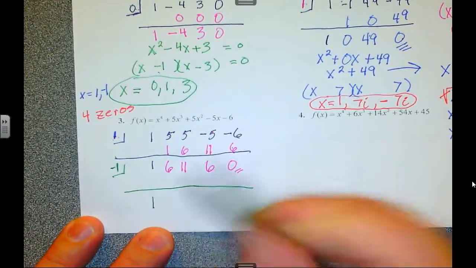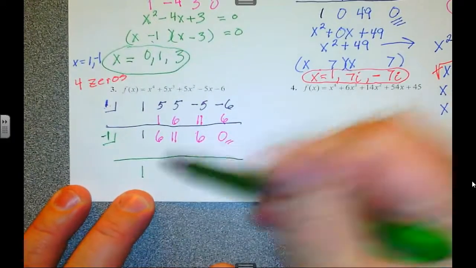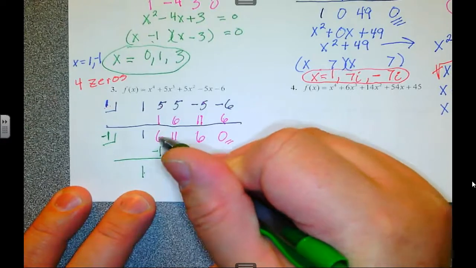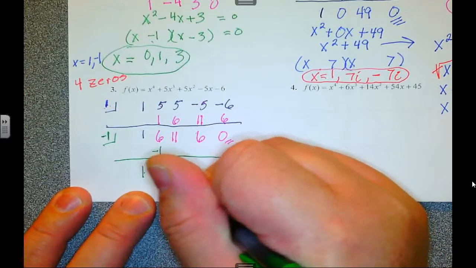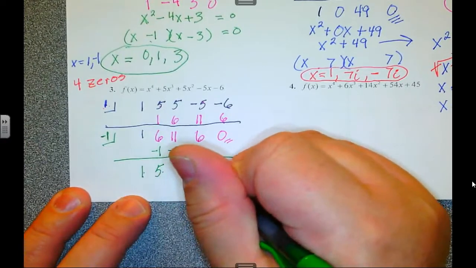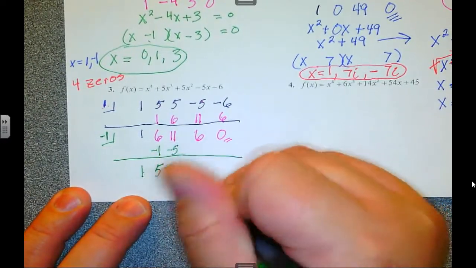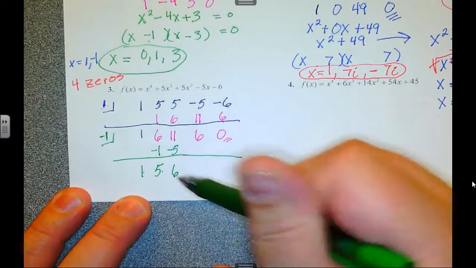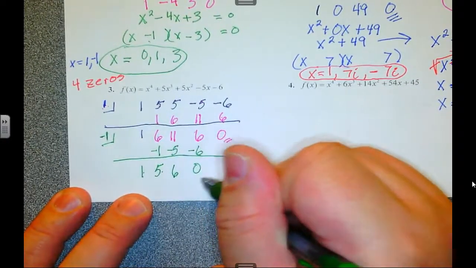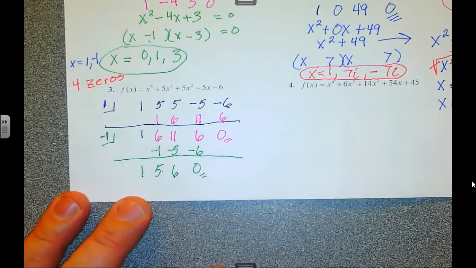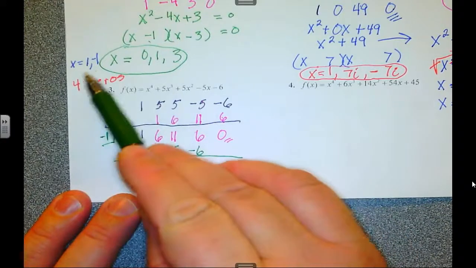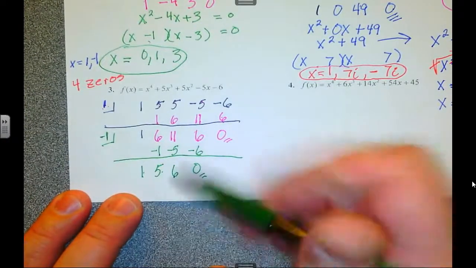Bring down the 1. 1 times negative 1, negative 1 plus 6, 5. 5 times negative 1, negative 5 plus 11, 6. 6 times negative 1, negative 6. And here's my 0. Okay? So far I've got 2 of the 4 zeros.